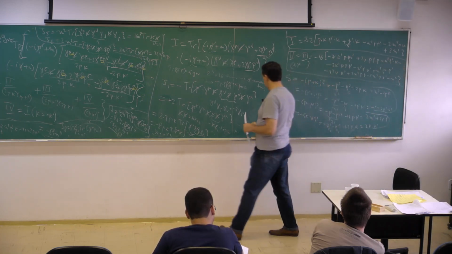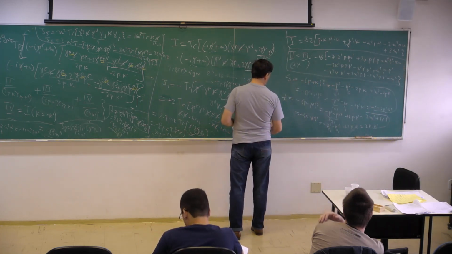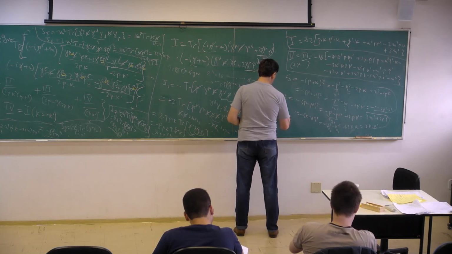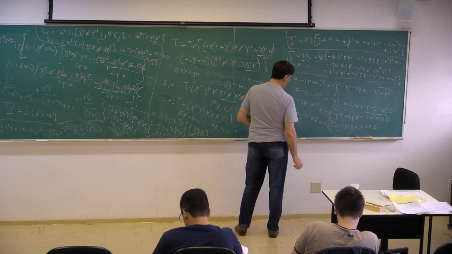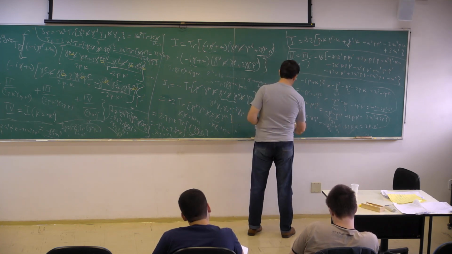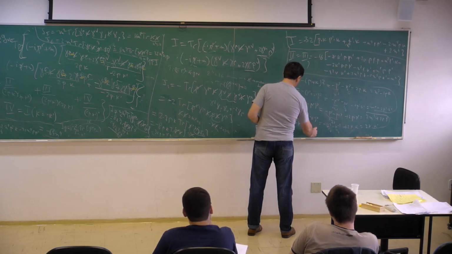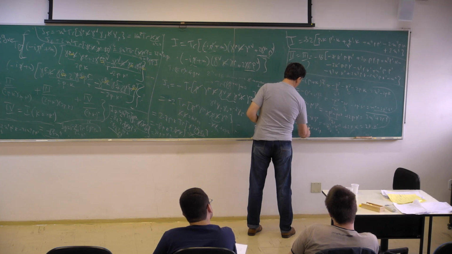And u is minus (k′ minus p) squared on one hand. So that's minus k′ squared minus p squared plus 2k′·p. This is 0. This is m squared.